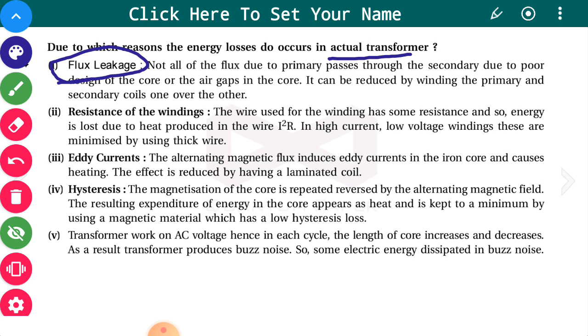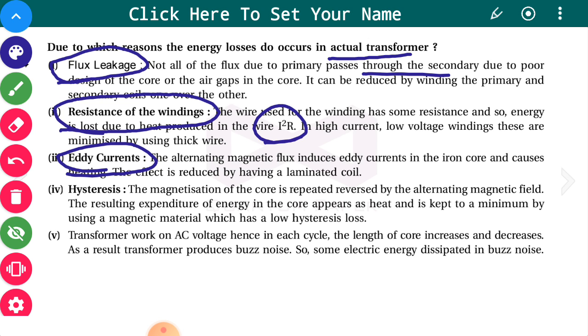Not all the flux due to the primary passes through the secondary. Okay, the resistance of the winding has some resistance, so I square r amount of energy is lost in the form of heat, so some energy is always wasted as heat and is not totally obtained in the secondary. Eddy currents are there.